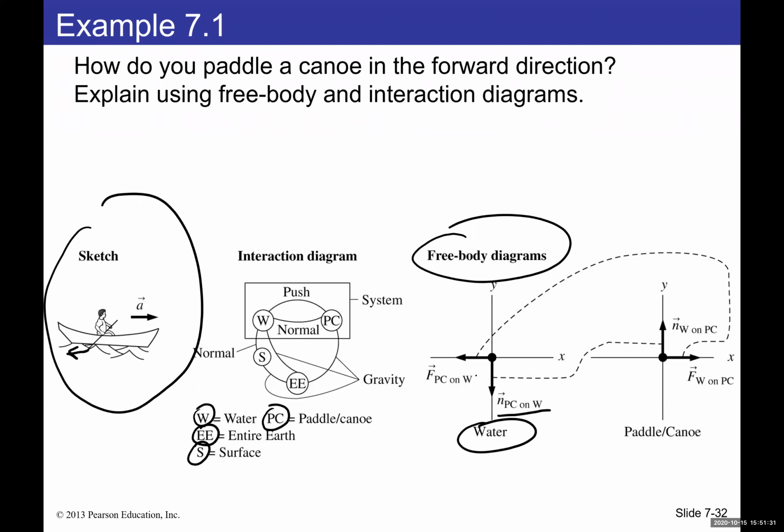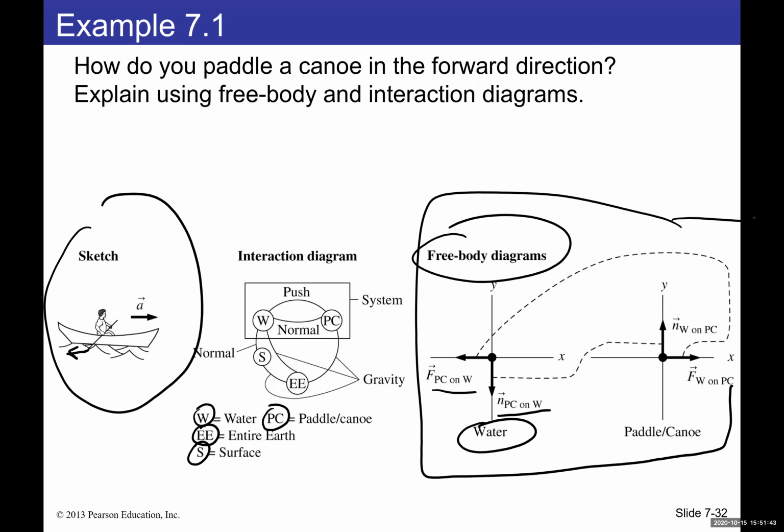And there's a paddle canoe exerting force which is to the left. There's also gravity and things like that, but these are kind of inside my system. We are trying to see how the water and paddle canoe, which are part of my system, interact with one another.